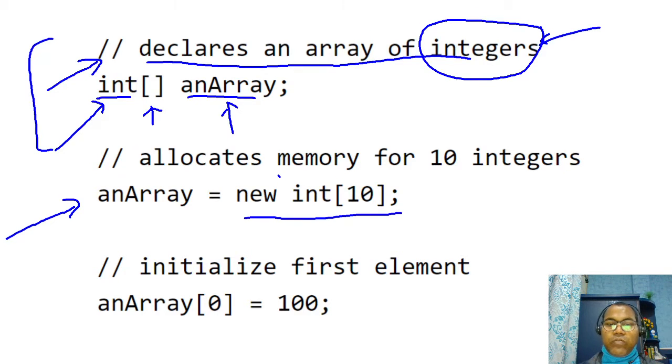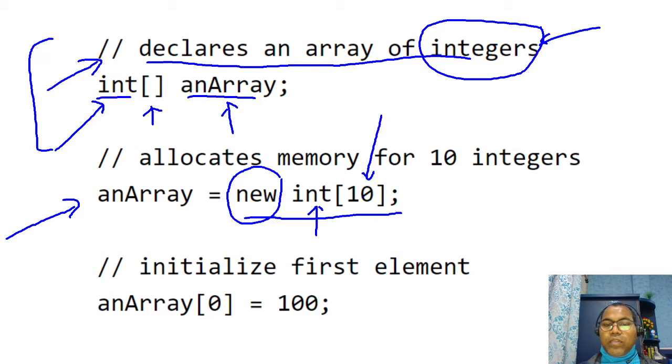We use the new keyword because an array is an object, and whenever we are going to store an object in memory, to allocate memory for it we use the keyword new. Then we specify the data type, integer, and the size, the number of elements you want to store in this array.